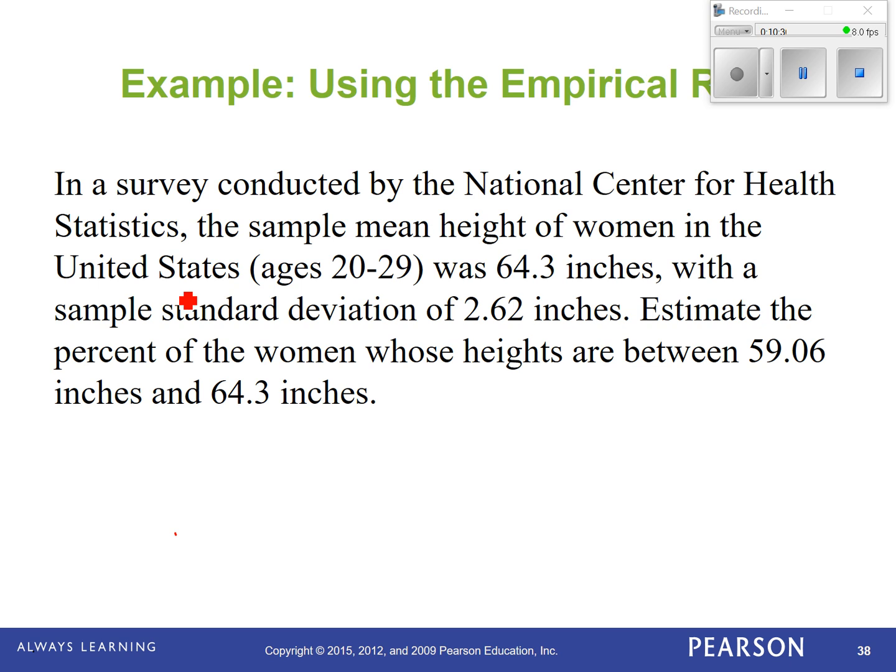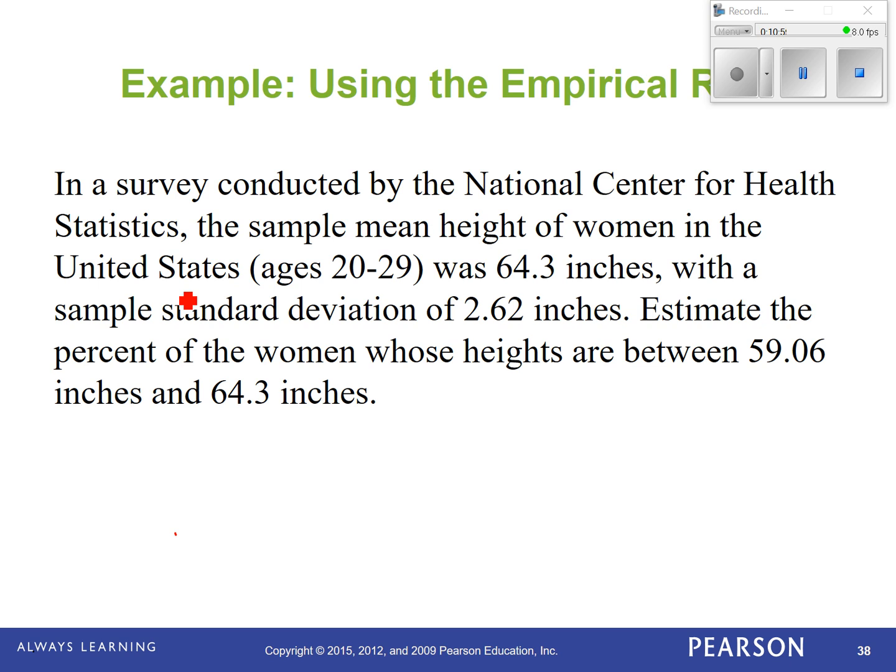In a survey conducted by the National Center for Health Statistics, the sample mean height of women in the United States ages 20 to 29 was 64.3 inches with a sample standard deviation of 2.62 inches. Estimate the percent of women whose heights are between 59.06 and 64.3 inches.